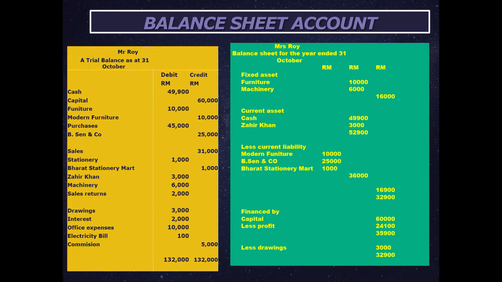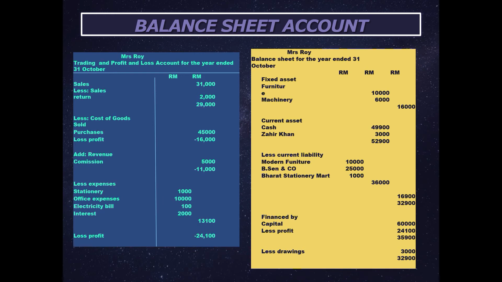And then we must count the total current assets minus total liabilities and you will get RM 16,900. And that answer plus the total of fixed assets. Capital minus loss. After that, the answer will minus drawing. And the last answer, you will get RM 32,900. That's all for the balance sheet account. Thank you.